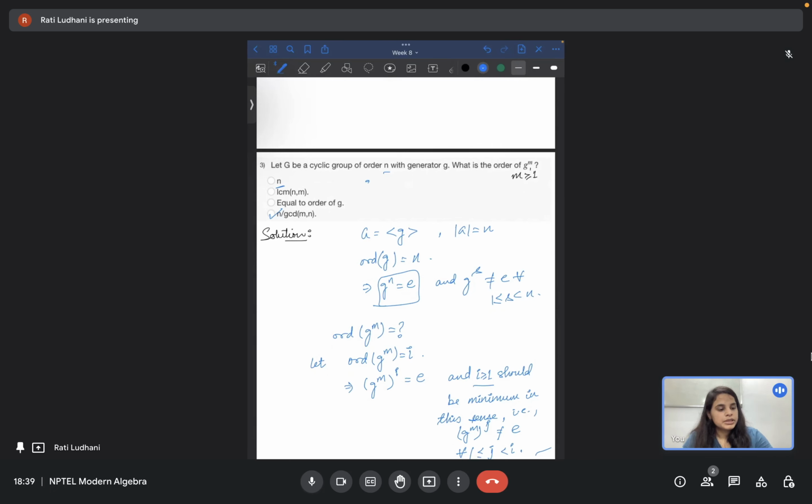For example, take Z4 under addition. You have 0, 1, 2 and 3. So 2 is of order 2. If you take 1 square, that is 1 plus 1, which is 2, and 2 plus 2 gives 4, that is 0.